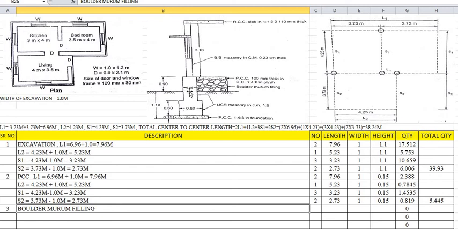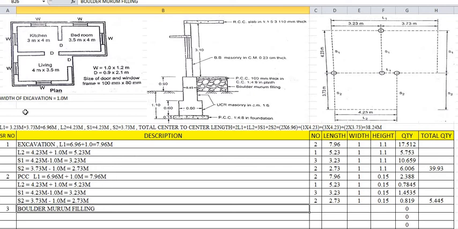But the UCR is 0.45 width and the wall is 0.23 width. So what is this offset? We will calculate it by subtracting 0.23 from 0.45, then dividing by 2, that is half on the outer side and half on the inner side. That is the offset.